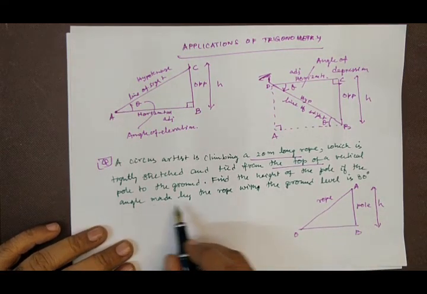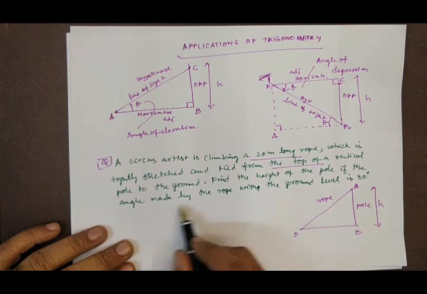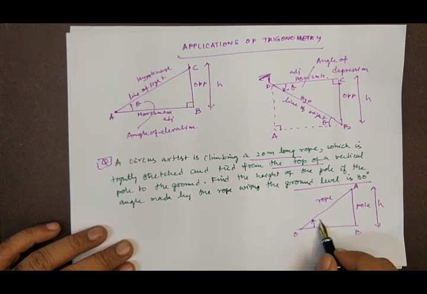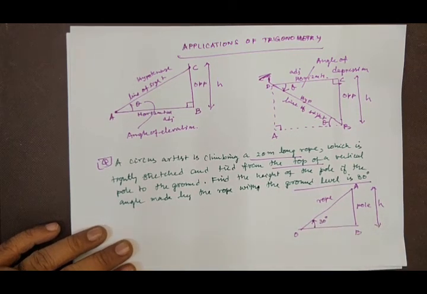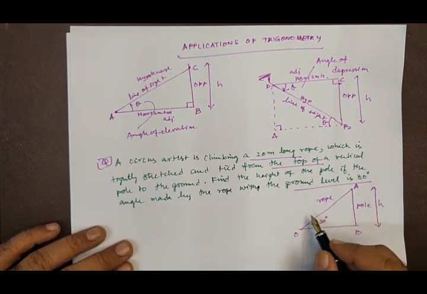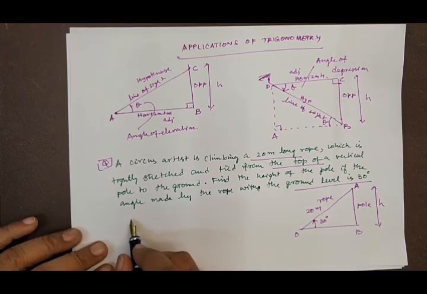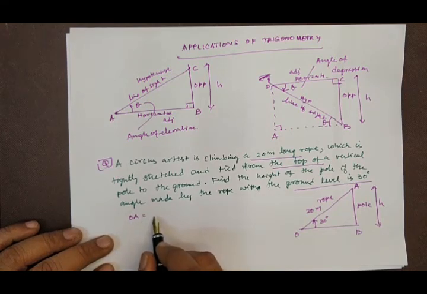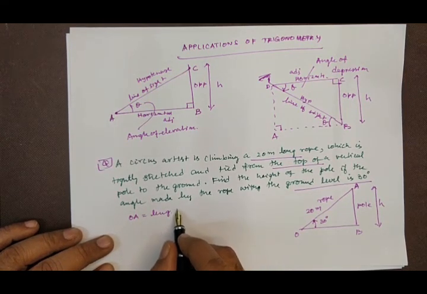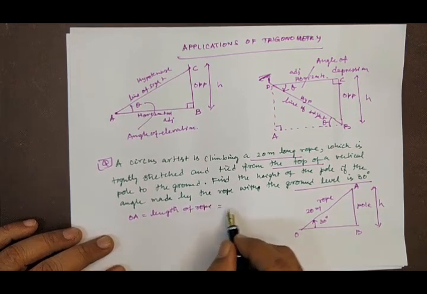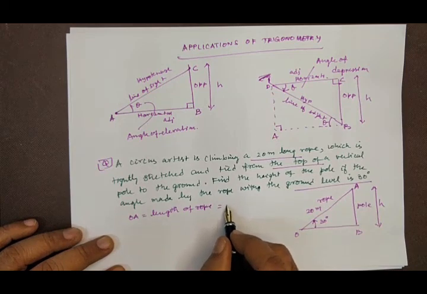Now it is given the rope is at an angle of 30 degrees. So this is 30 degrees. This inclined rope is how long? 20 meters long. So OA is the length of the rope, and that is equal to 20 meters.